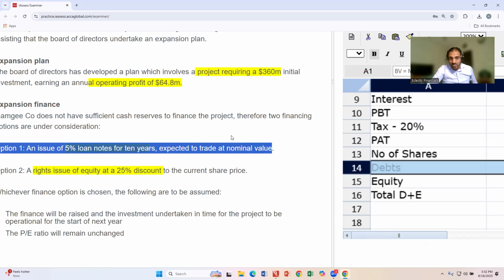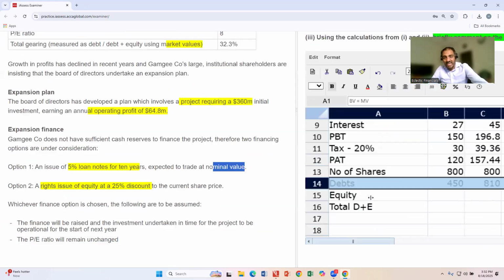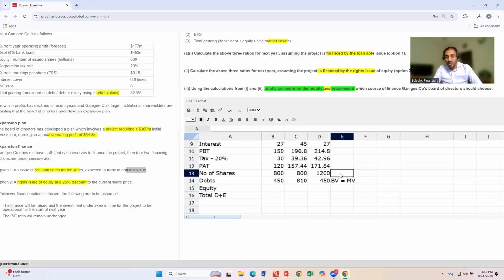Nominal means book value. That's why in this question I categorically mention debt book value is equal to market value. That's a point.